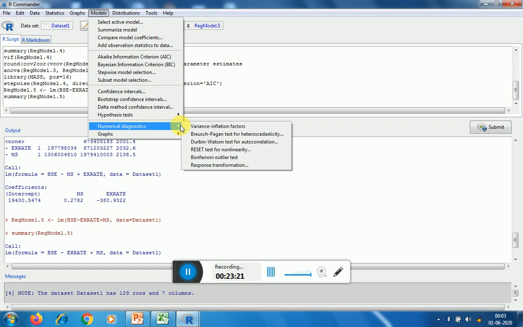Many literatures are available on these things, so you can refer to the relevant material, and depending upon your requirement you can perform these tests. Heteroscedasticity means unequal variances. It is assumed that the variances must be the same, that is, homoscedasticity should be there. Then the Durbin-Watson test is also there for autocorrelation.